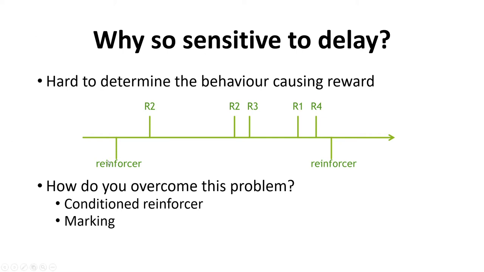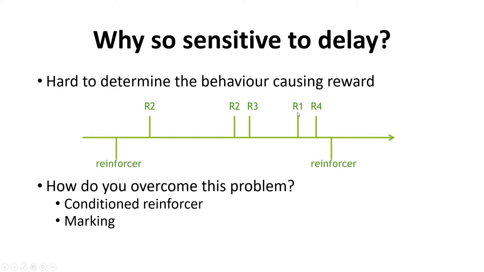So if we look at this simplified diagram here, we have two instances of reinforcement. A rat got food at this time period and got food again at this time period. And maybe they're getting food after 5 seconds when they pressed a lever, and that's response number 1.